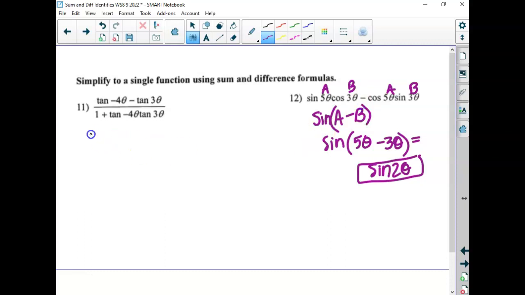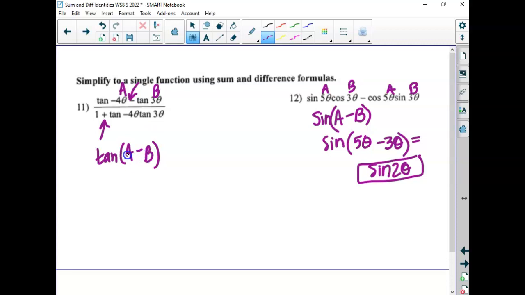Okay, let's go back and look at 11. 11 is concerning me because it appears to me that this is a negative 4 theta, right? Okay, there's a minus in between the functions up top and a plus on the bottom. Which one is that? Tangent of A minus B. Okay, but our A is negative, I think, right?